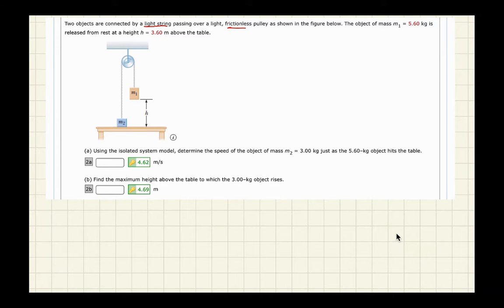Again, because it's frictionless, this is likely to be conservative forces. The object of M1, so I know M1 as a given. I know that it's released from an initial height. So I know H naught for M1.